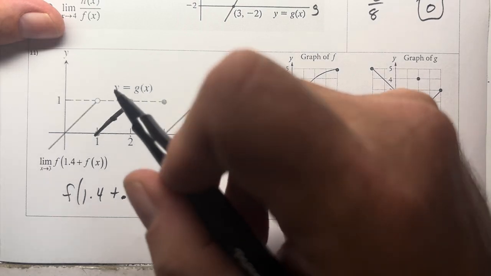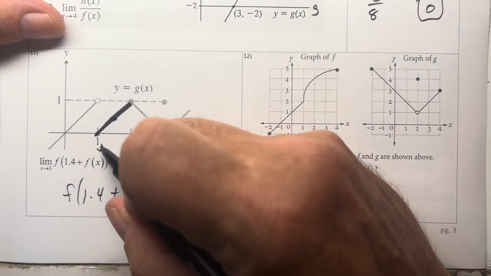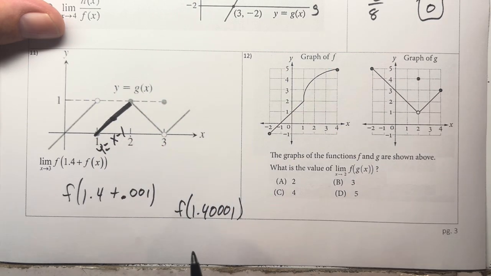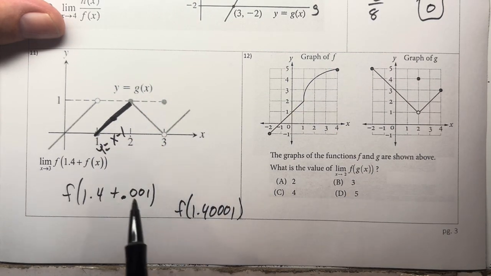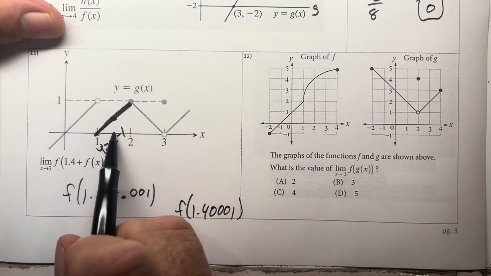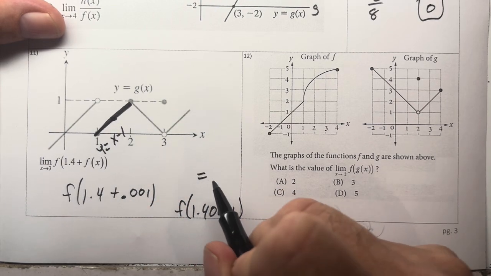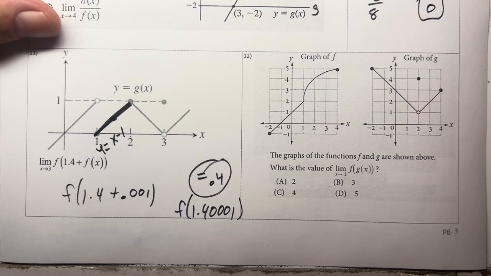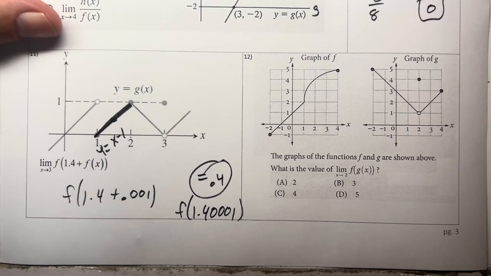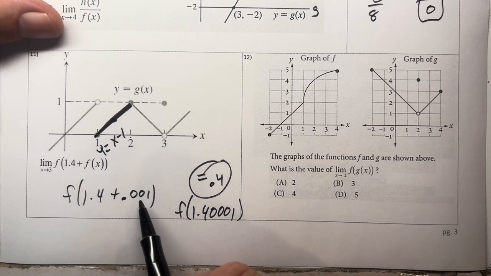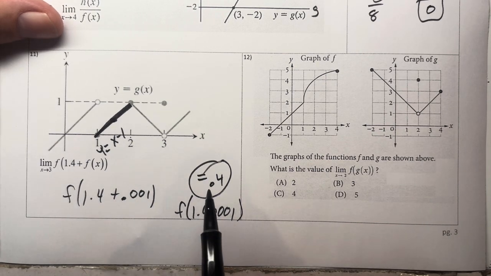That line is y equals x minus 1. So if I'm here at 1.4 and subtract 1, I'm going to be at 0.4. Because I know we use 0.01, but we are infinitely close to that. So the actual answer is 0.4.